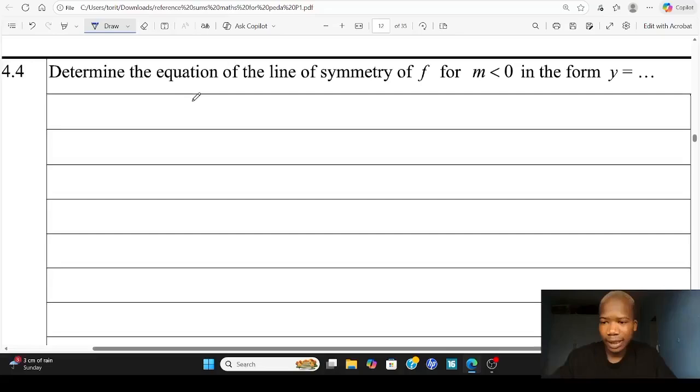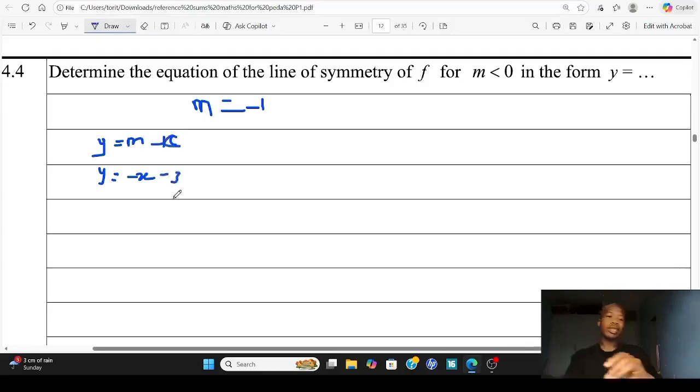Then we say y is equal to mx plus c, so we can say y is equal to minus x plus the value of, no, it's not positive 3 but negative 3, minus 3, right? So that is all that we have to look at.